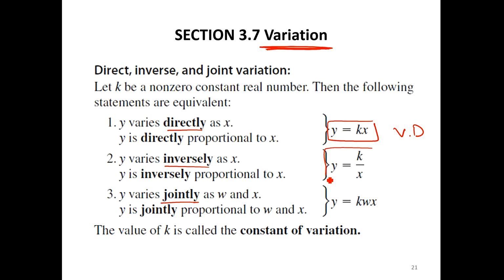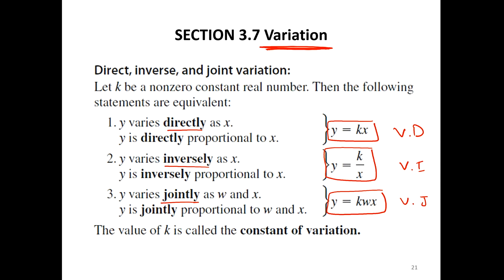And this is the form for varying inversely. And this is the form if we have jointly varying.